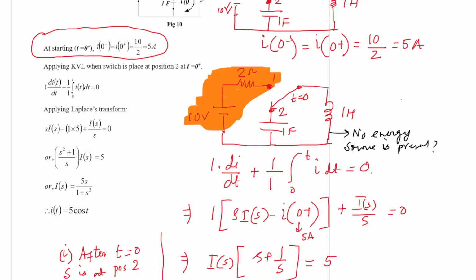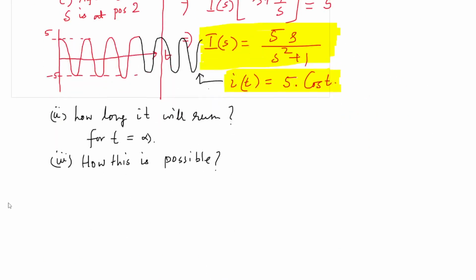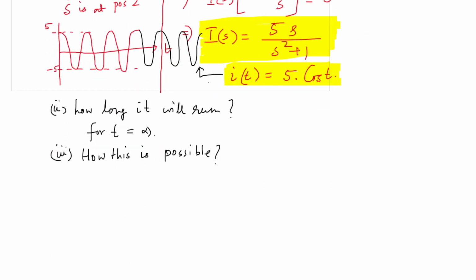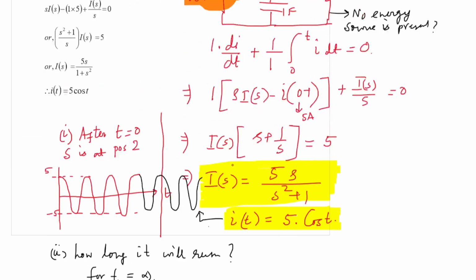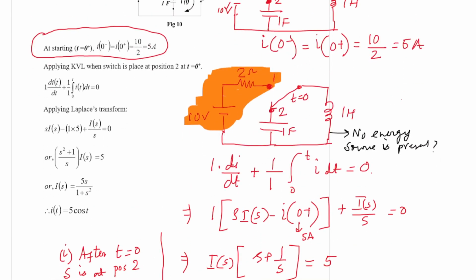So this is the third observation, a very important observation. How is it possible? The answer to this is actually we have inductor and capacitor. Now inductor, you know, stores energy in the magnetic field and capacitor stores energy in the electrostatic field.